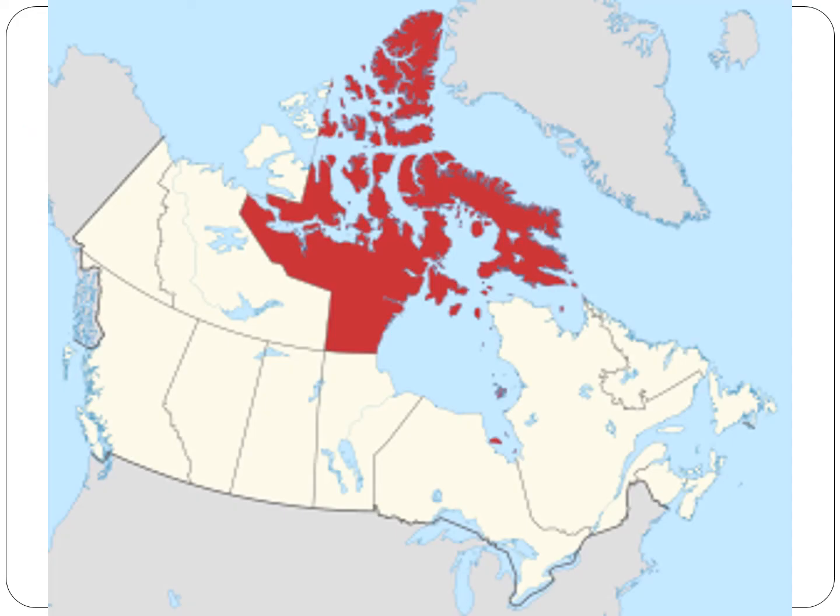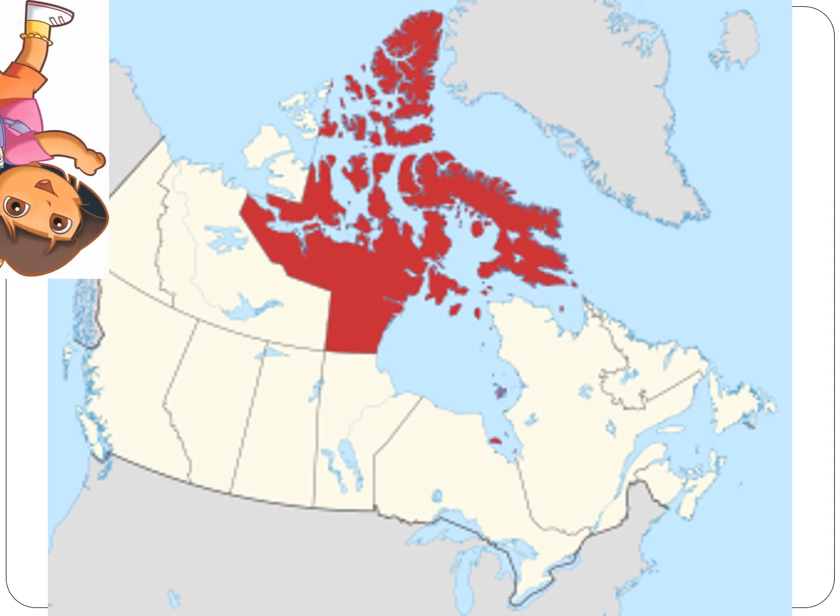This is the territory of Nunavut, which was created for the Inuit people. So the decision to create a subnational territory for an indigenous population, is that a centripetal force or a centrifugal force?